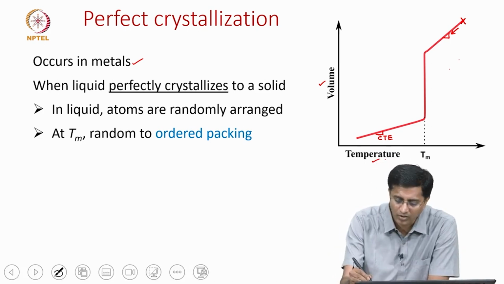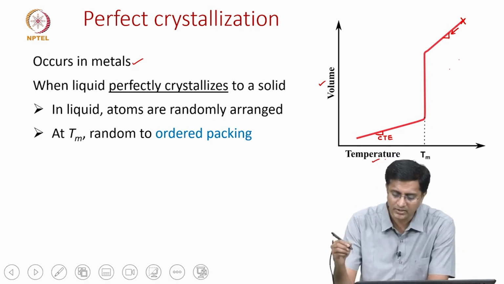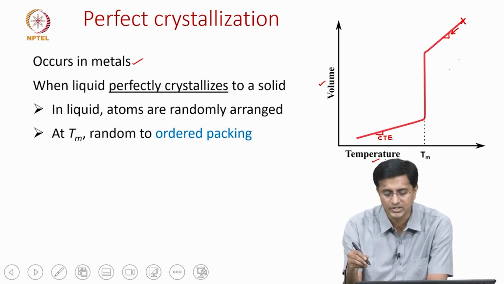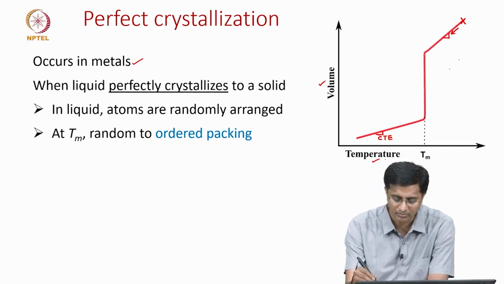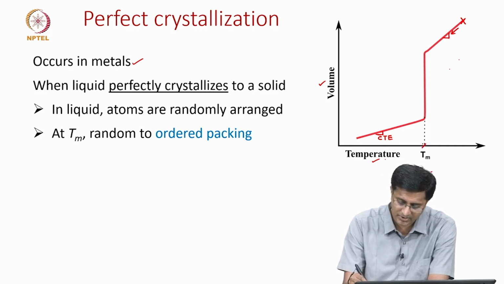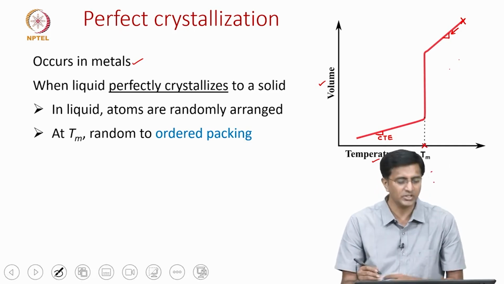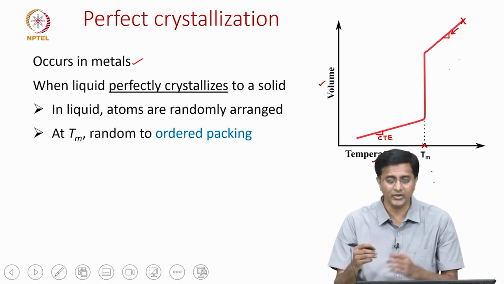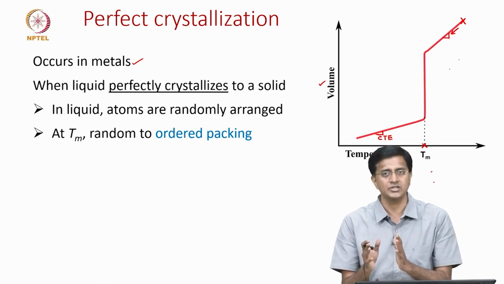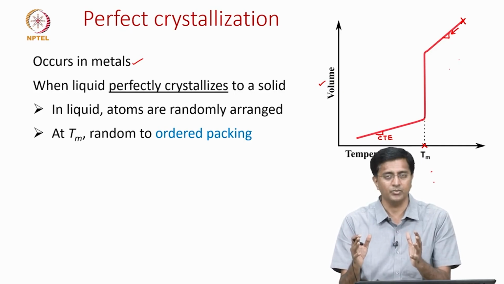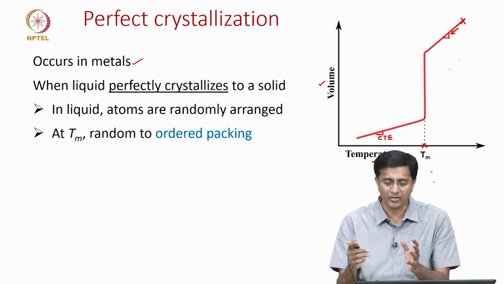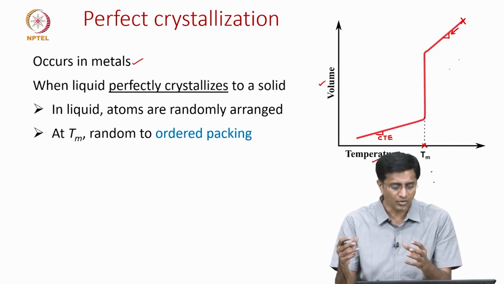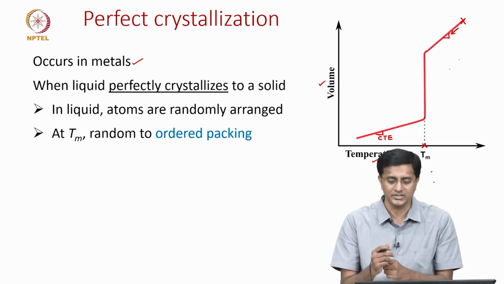But now let us follow this. Initially the volume is decreasing as the temperature decreases, but once it reaches this temperature Tm, the melting point temperature for metals, there is a sudden change in the structure. These atoms now start crystallizing.